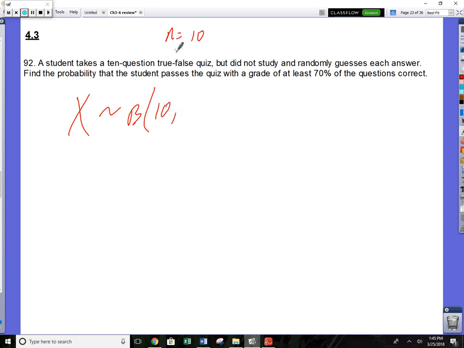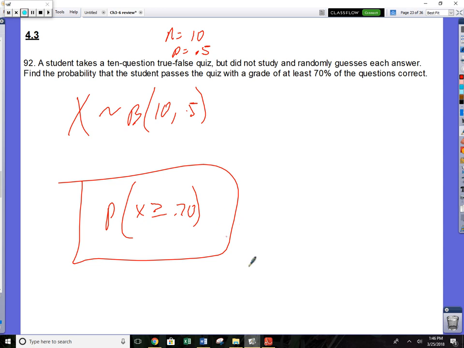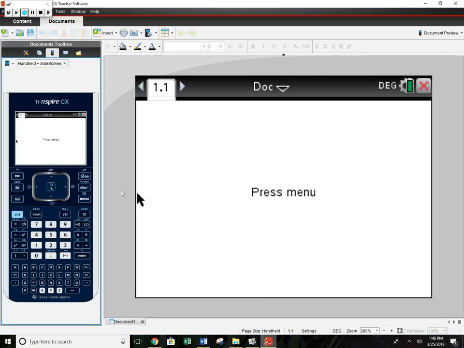And P is the probability, and since it's true-false, P is just 0.5. Now, because I want to know the probability of getting at least 70%, X is greater than or equal to 70%. This is what I want. This is a cumulative distribution. So calculator, here we go.